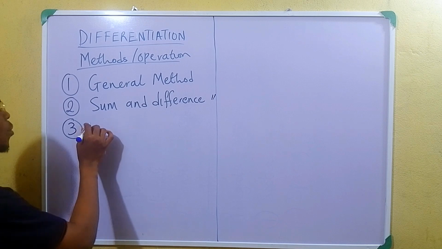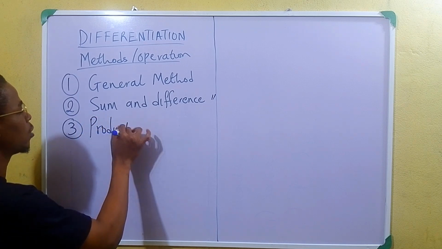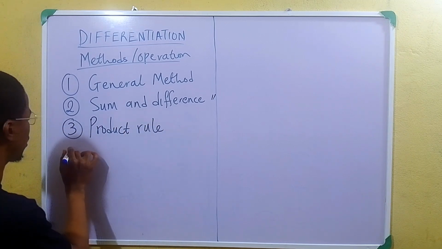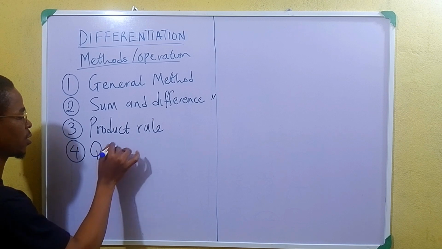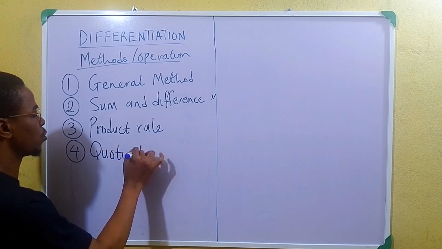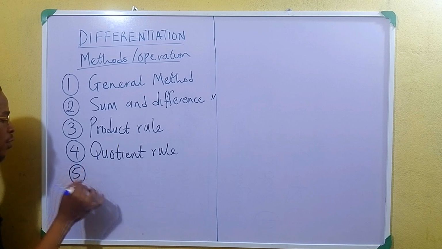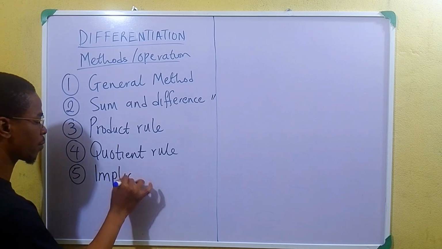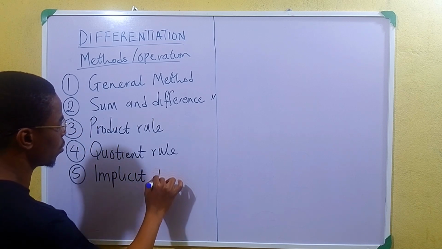The third is what we call the product rule. The fourth is the quotient rule. The fifth is the implicit method or implicit rule.